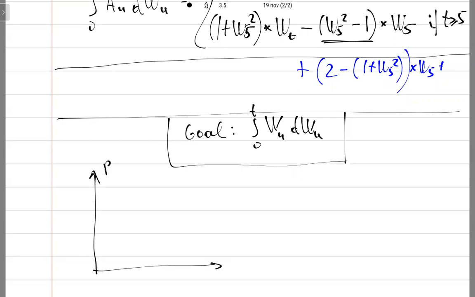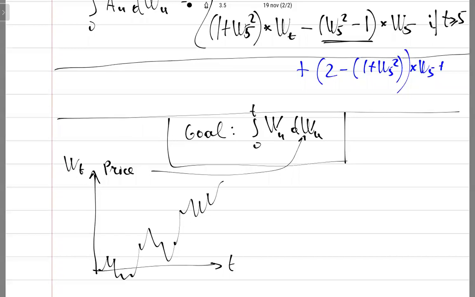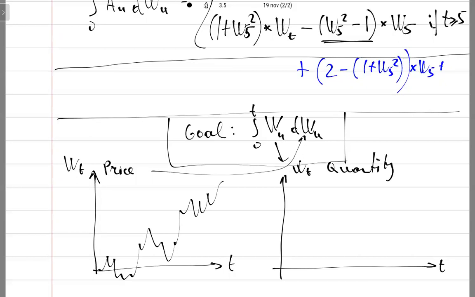So this is the price, W_t. It's the price of an object. Just ignore that it may be negative. And this is the quantity. The quantity is also given by W_t.